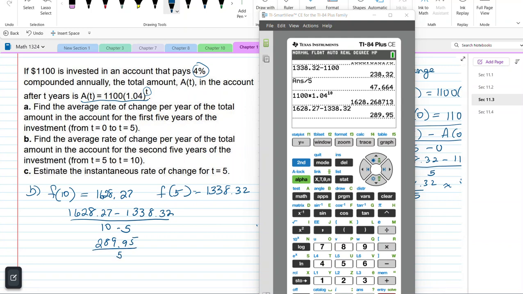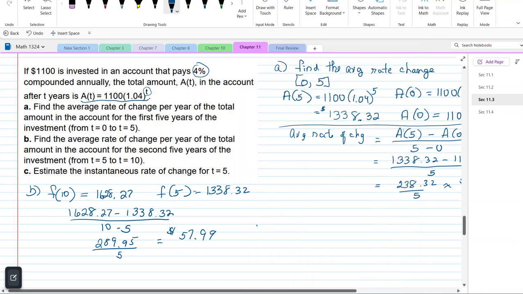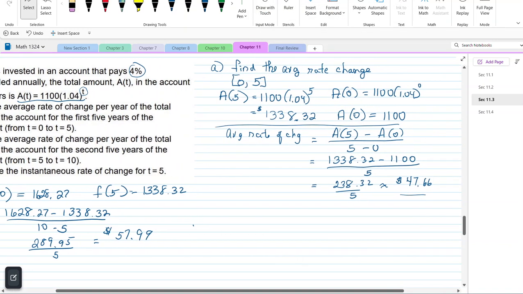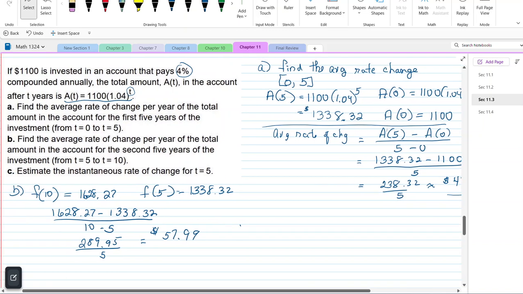All right, so I'm going to hit divide 5, and I'm going to get 57.99. All right, now what we have here is compounding. So you can see that as we get further into the savings, we're making more on average of the income.